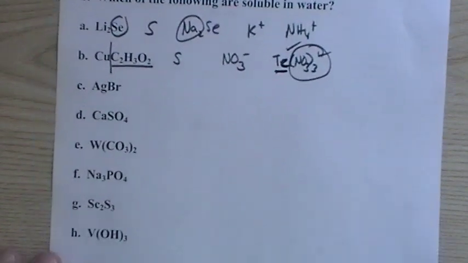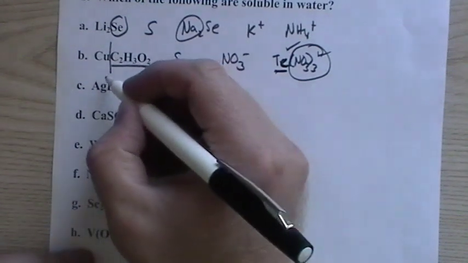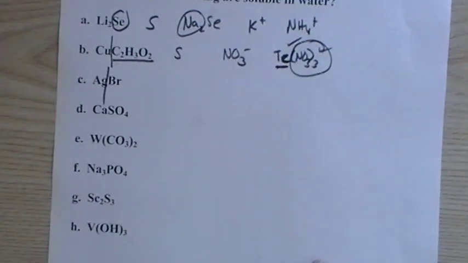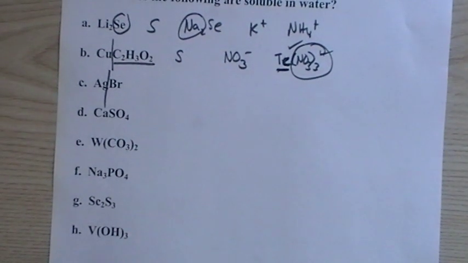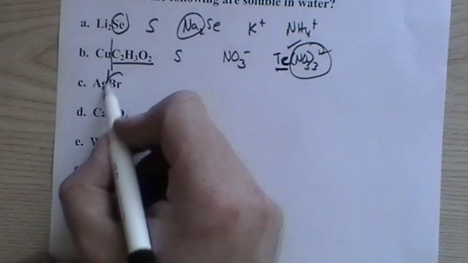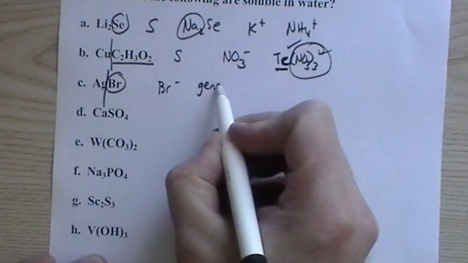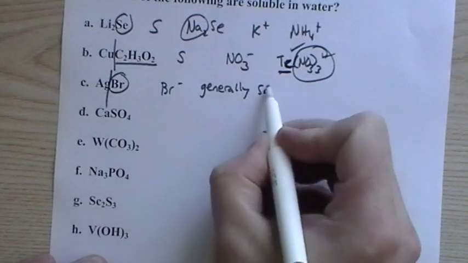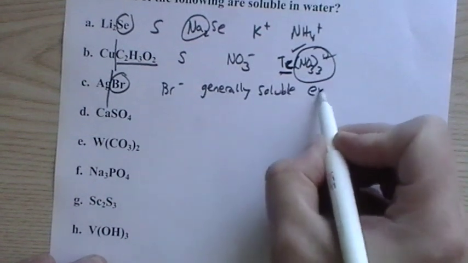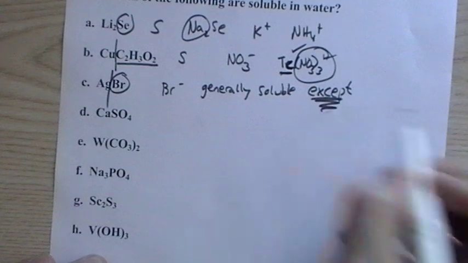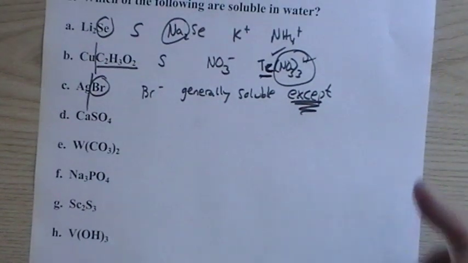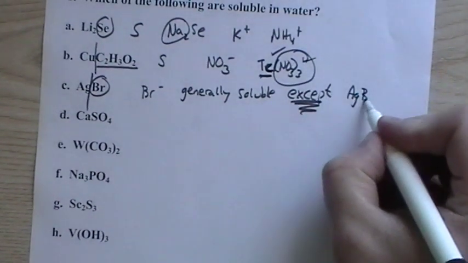Now, we have silver bromide. So we have silver and bromide. If you look in the solubility tables, we have no rule for silver ion on its own. But we see that anything attached to bromide is generally soluble, except certain compounds, including silver bromide.